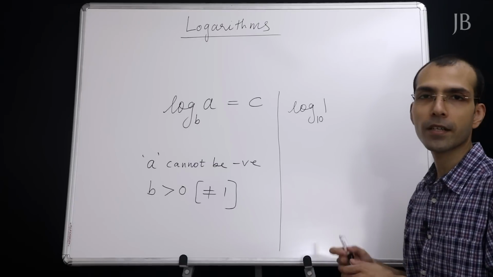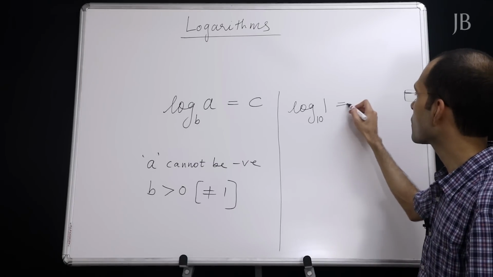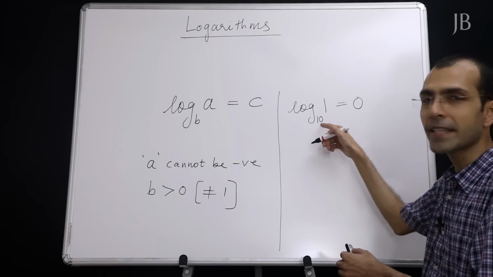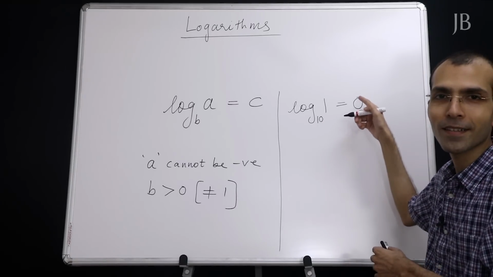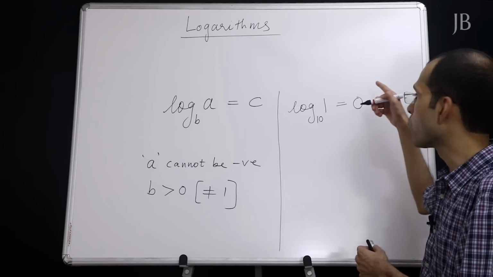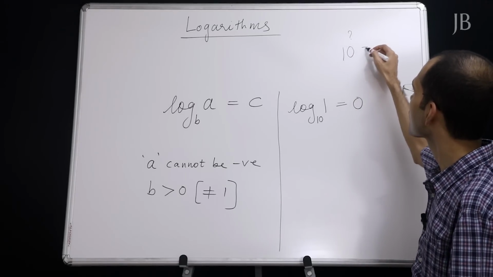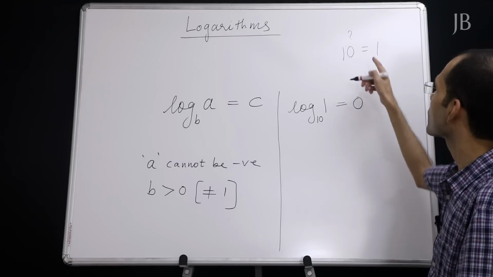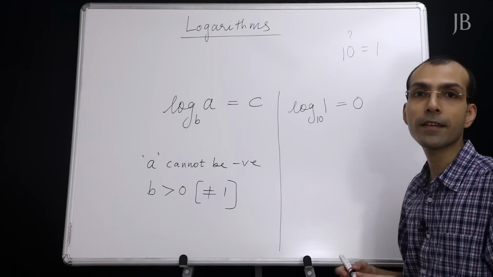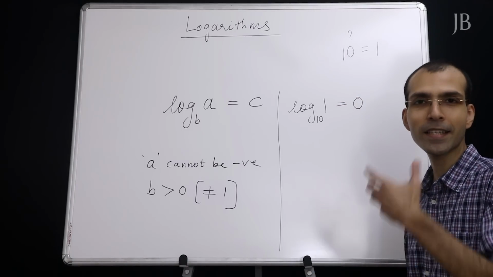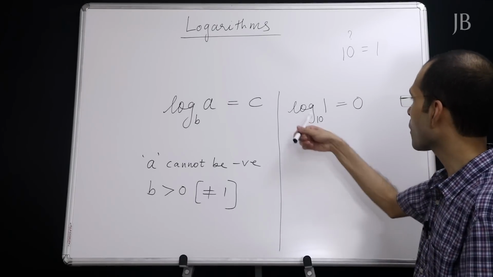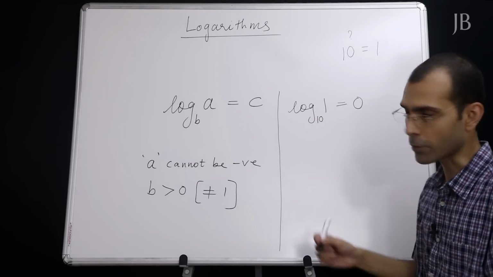Try and work it out now. This will be 0, because 10 raised to what will give you 1? That will be our answer. So 10 raised to what can give you 1? 10 raised to 0 can give you 1, because anything raised to 0 is 1. So log 1 to the base 10 is 0.